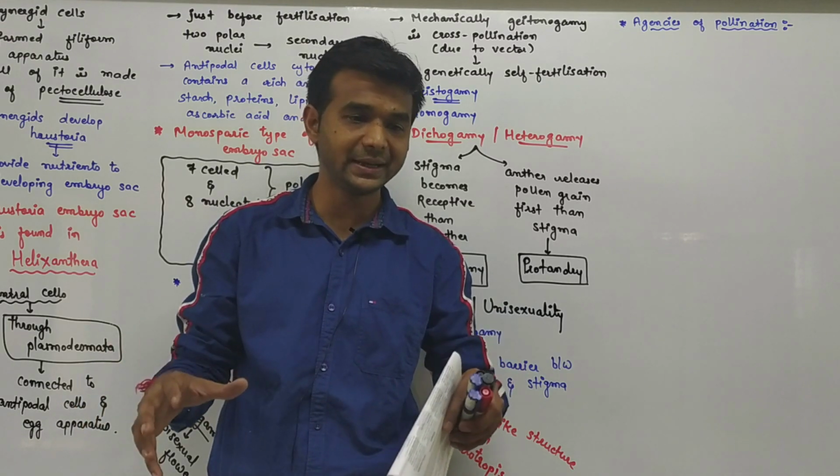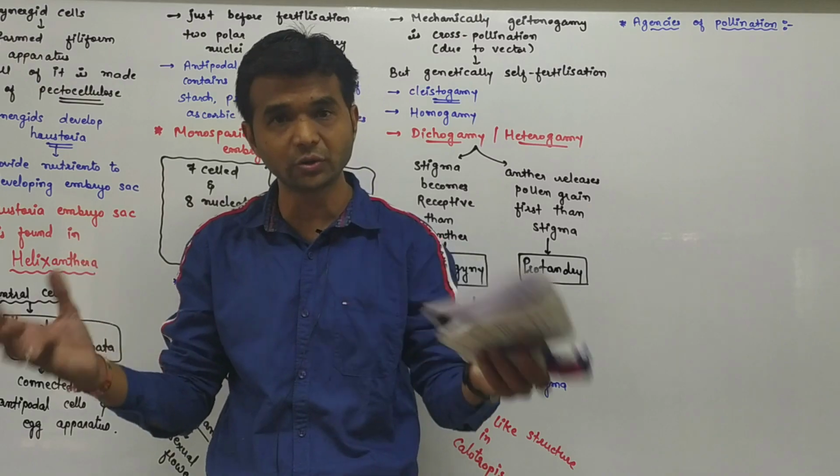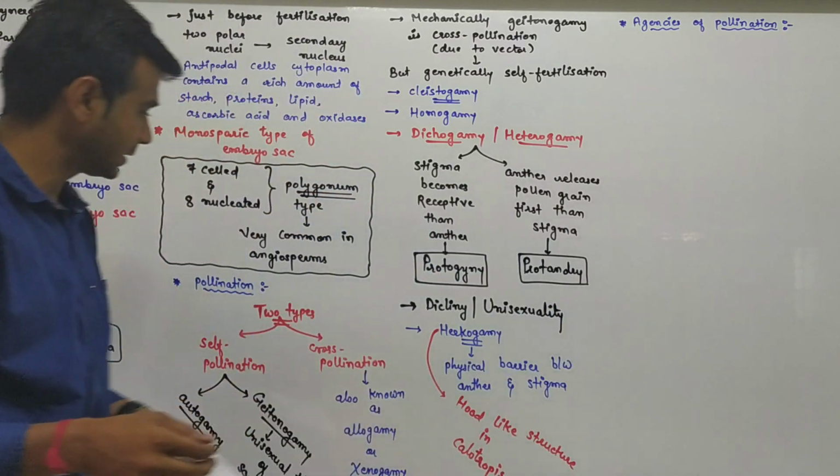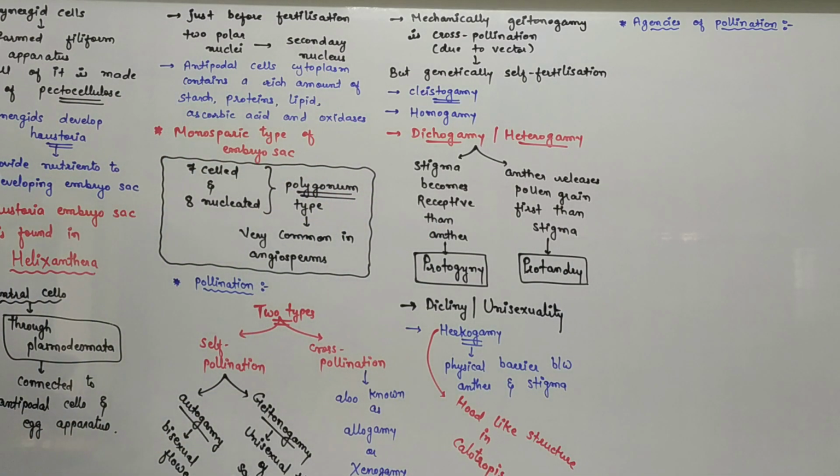Agents are used in self-pollination and cross-pollination also. Think about geitonogamy. Vectors are not present in the self-pollination plants. Right?